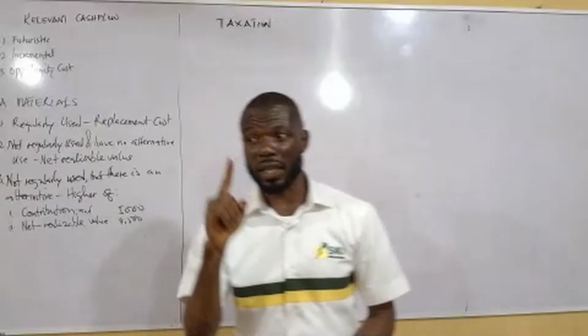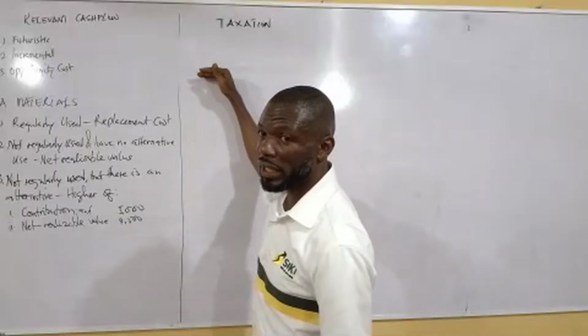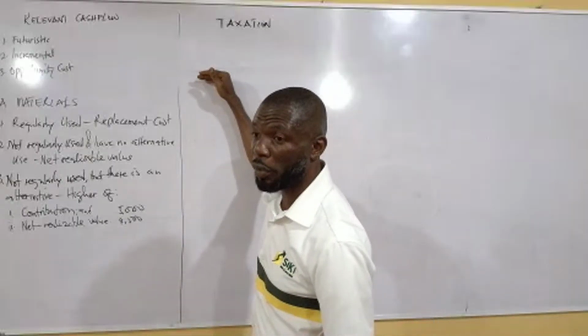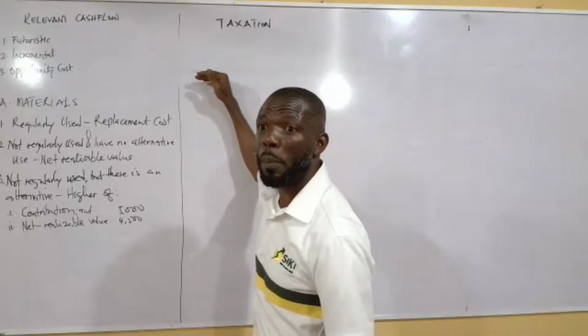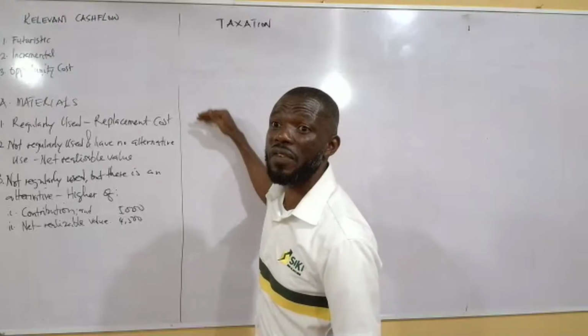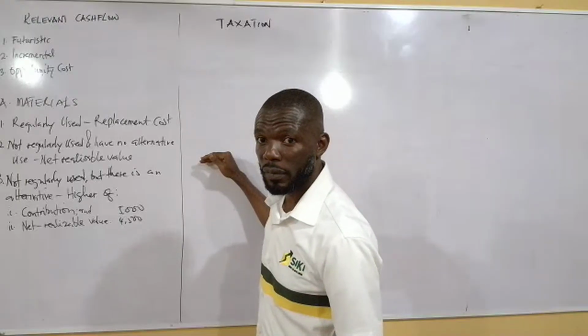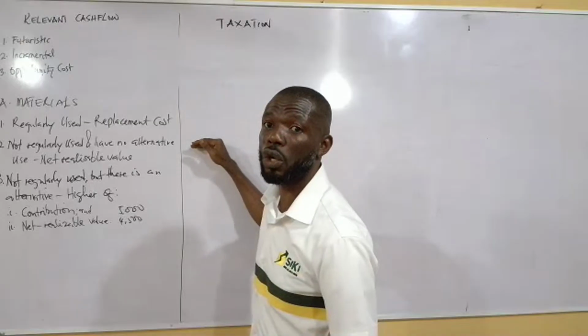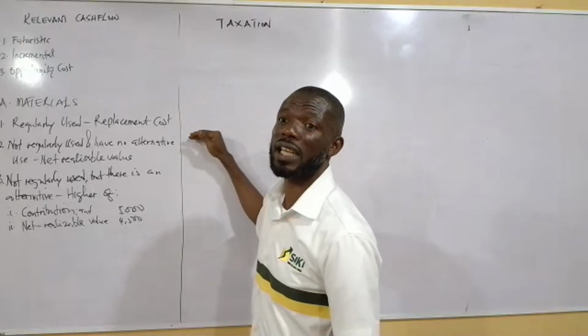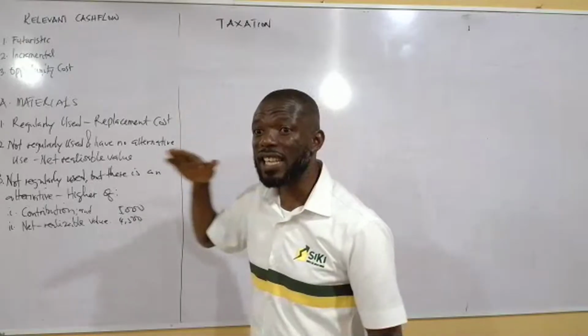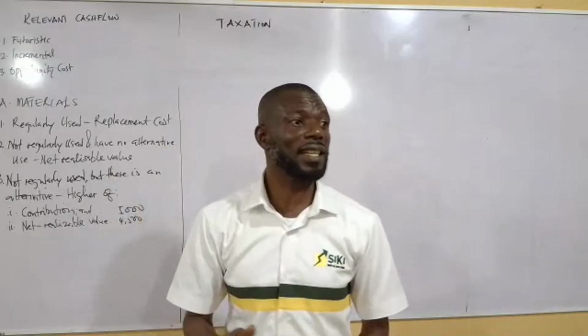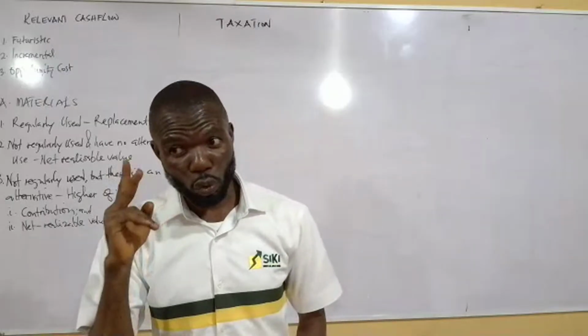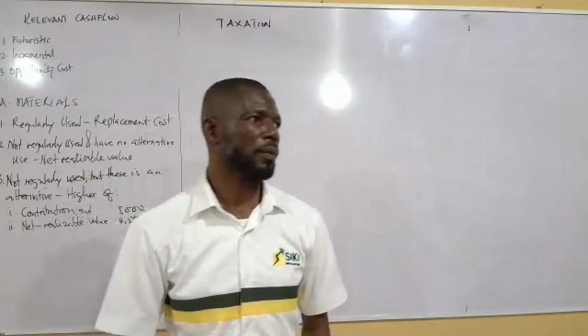So number one, you will pay tax on the profit you make from your operations. Number two, there will be tax savings as a result of your expenditures on capital assets. These two are tax-related issues.